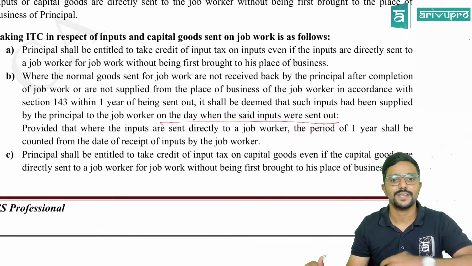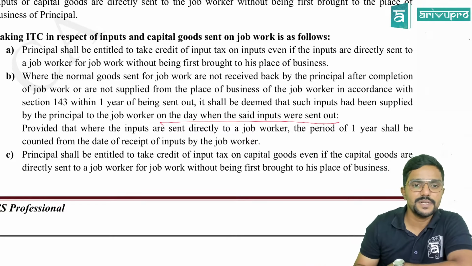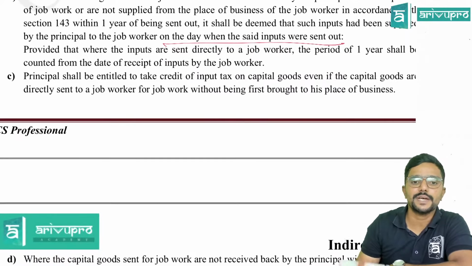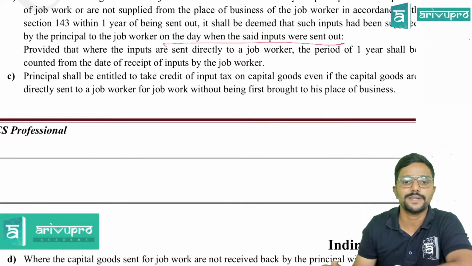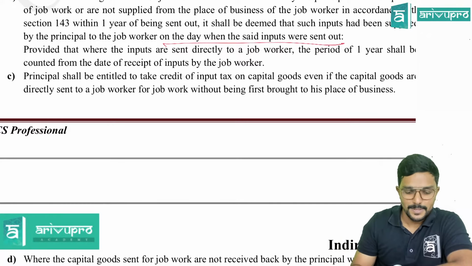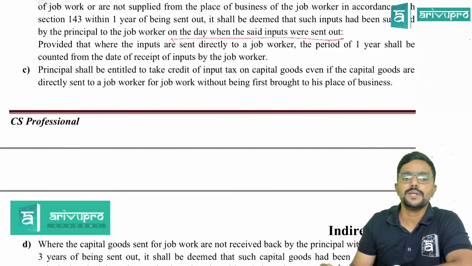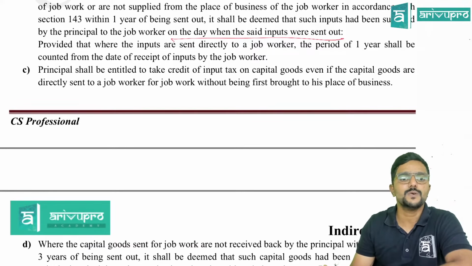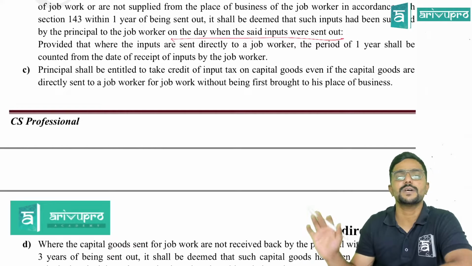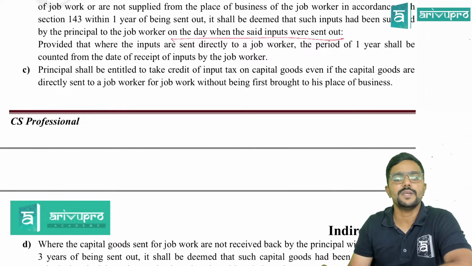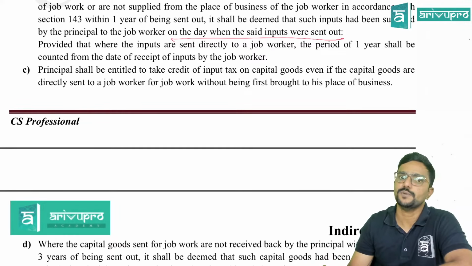Clear? Okay, sir. Next. Principal shall be entitled to take credit of input tax on capital goods. So the points C and D are talking about capital goods. Principal shall be entitled to take credit of input tax on capital goods even if capital goods are directly sent to the job worker for job work without being first brought to his place of business.